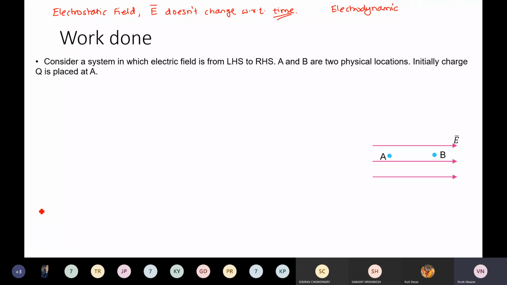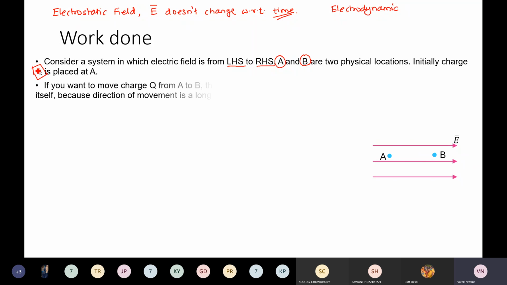So let us consider a system in which electric field is from left hand side to right hand side. A and B are two physical locations. Okay, A and B are two physical locations. Initially, charge Q is placed at A.